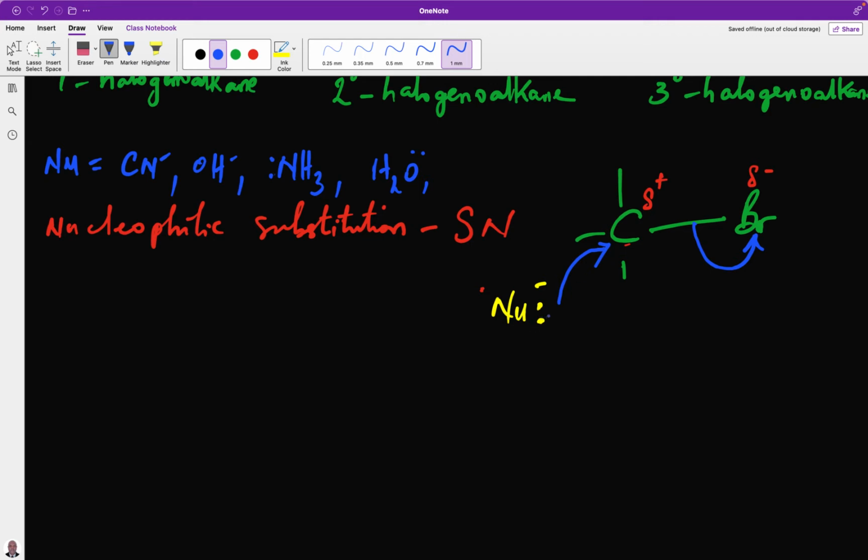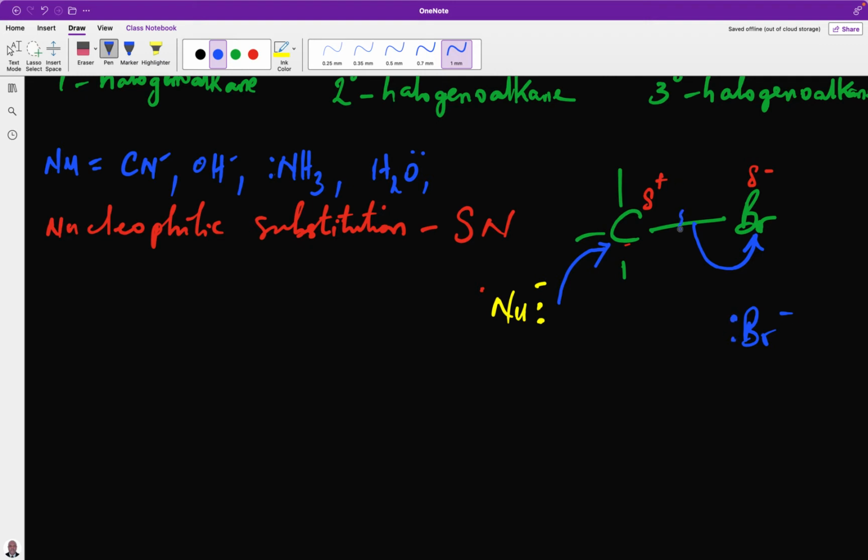Electrons in the nucleophile are repelling the bonding electrons in the carbon-bromine bond. So electrons are repelled and pushed towards the bromine. And this results in heterolytic fission, with the bromide ion ending up with the lone pair of electrons.